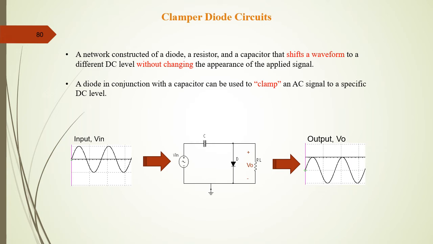For example, a normal sinusoidal waveform can be moved, in this case downwards. The shape remains the same, with no distortion. Only the maximum and minimum values of the output waveform differ.